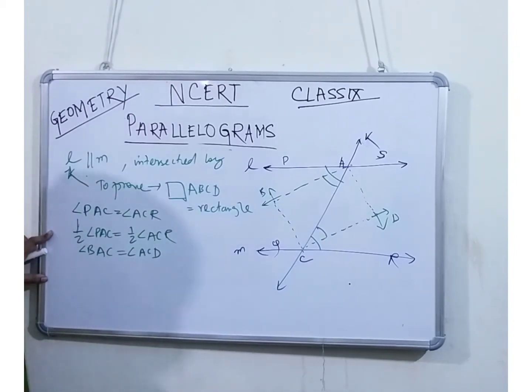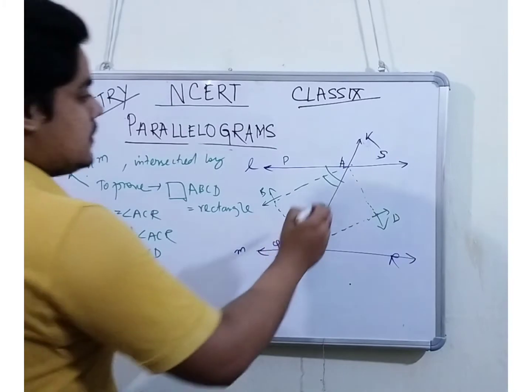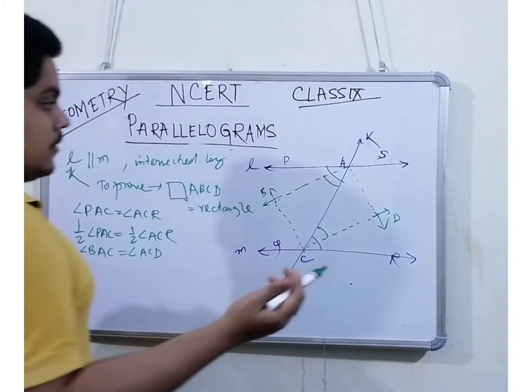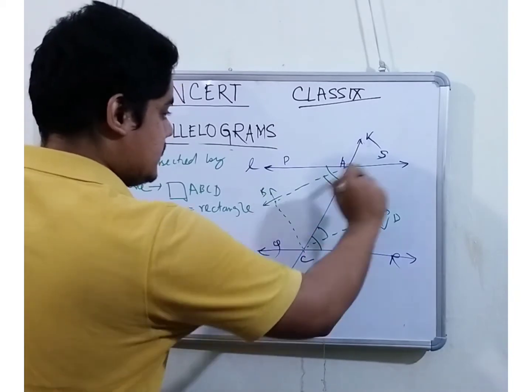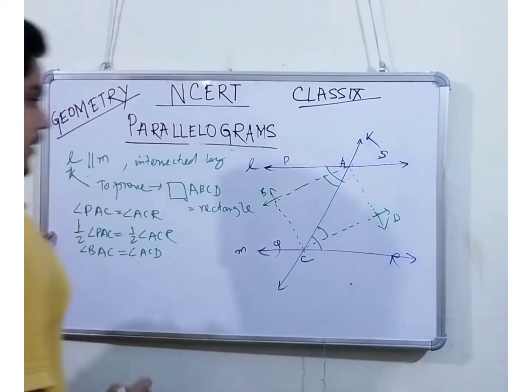Now it is a property of parallel lines that alternate angles are equal, and since these alternate angles are equal, these two lines are parallel.